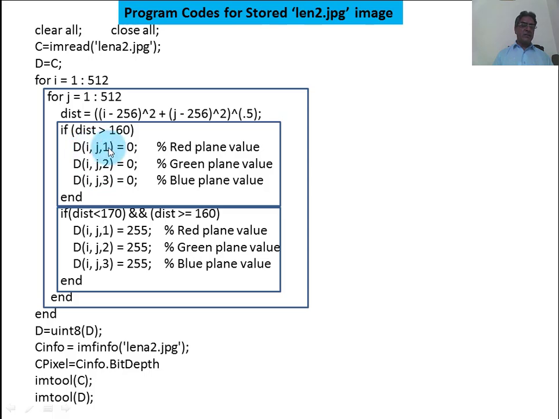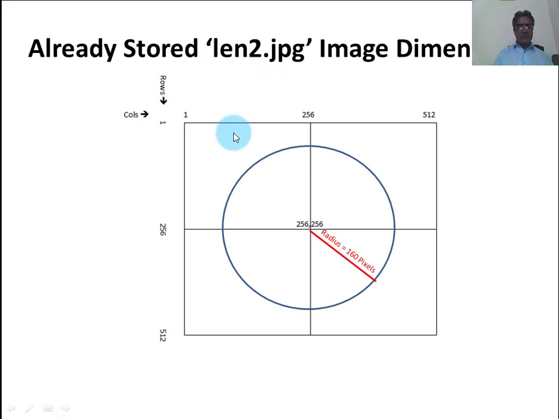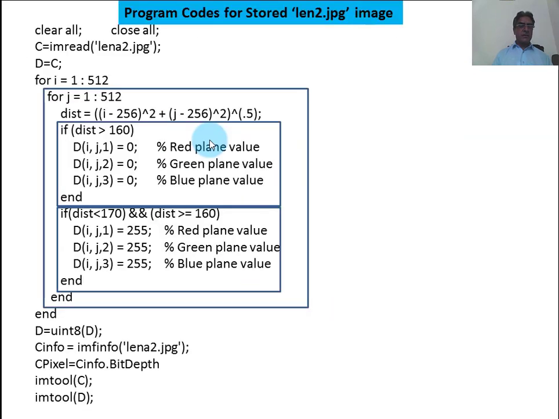The I and J location of red, green and blue, that is the same location of all the planes, will have value 0 because the distance is greater than 160, that is, outside the circle. At this location, the first pixel location will be black, the second pixel location will be black because it is outside the circle. So we will make them black.